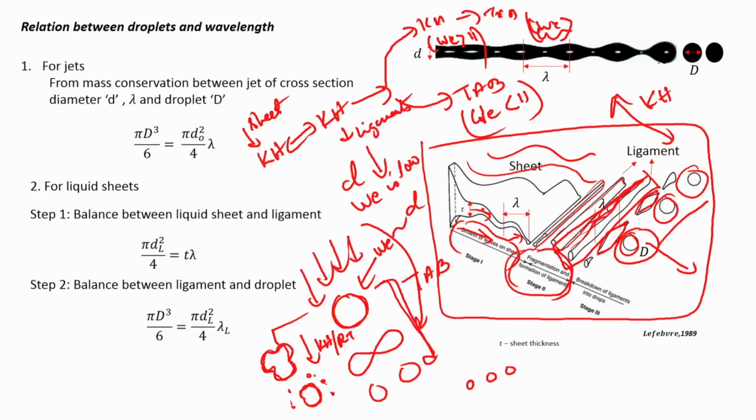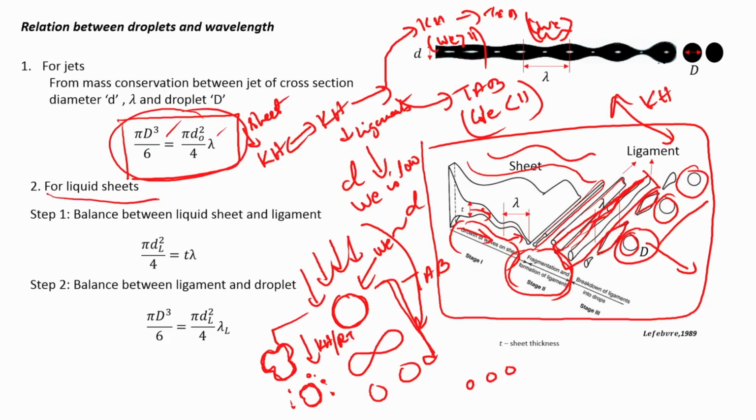So, you can also find out by simple math the mass conservation between a jet and the droplet, and you can find out for jets what the droplet diameter will be, along with the corresponding perturbed jet cross section.